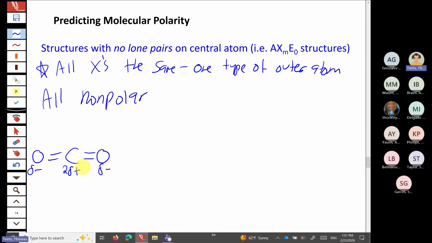But if we think about it in terms of vectors, kind of like a tug of war analogy, you have one dipole pointing this way, another dipole pointing the opposite way, and those two dipoles completely cancel each other out because the two carbon-oxygen bonds are identical and 180 degrees apart exactly. So in that situation, even though they're both polar, the two dipoles cancel each other out, and there's no net polarity. So this AX2 molecule, or AX2E0, if it indicates there's no lone pairs, is completely nonpolar.